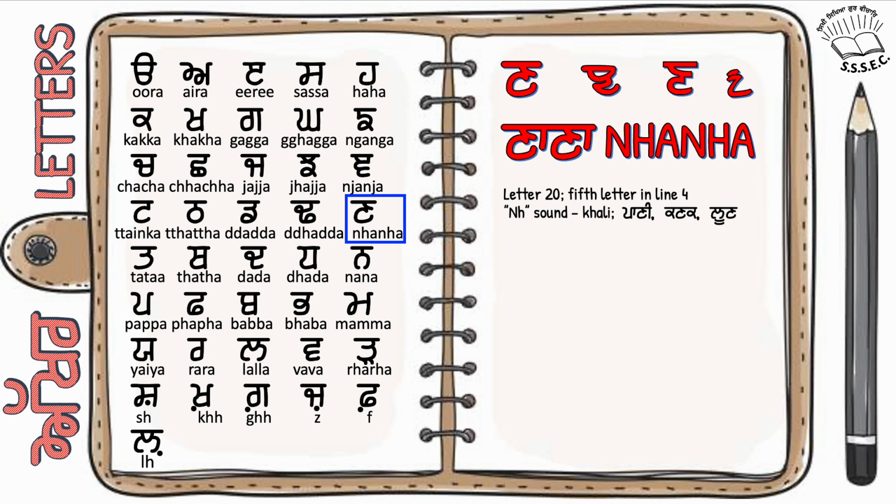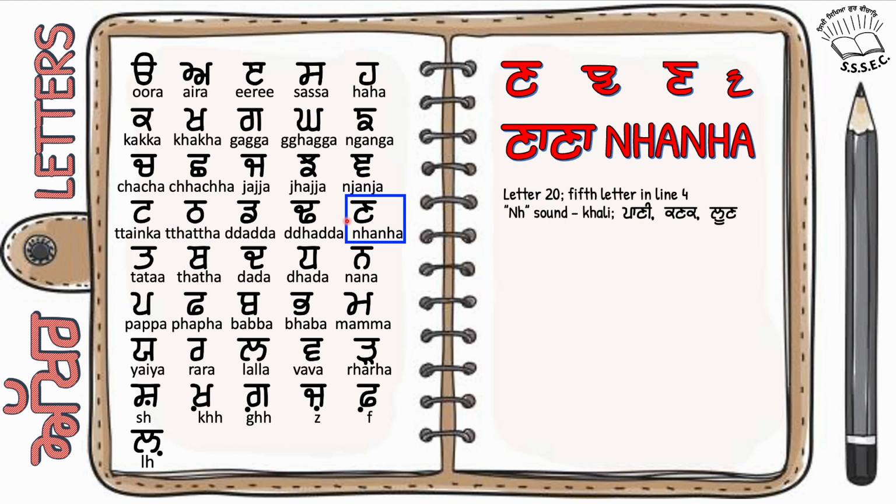So now we're at the end of line 4. Nana. Nana is letter number 20, or it's the 5th letter in line 4. It's a bit tricky to say, there's no equivalent in English. You might want to represent it with an NH when you're writing Punjabi words using English letters. But it's pronounced Nana.